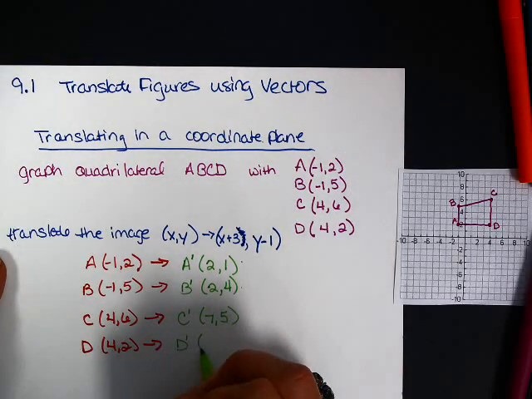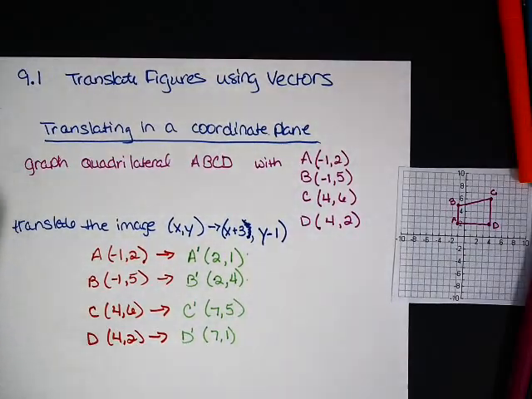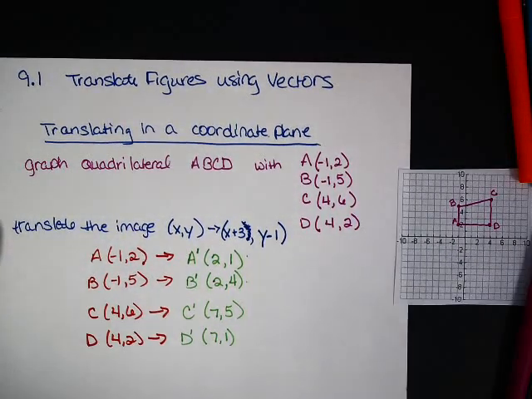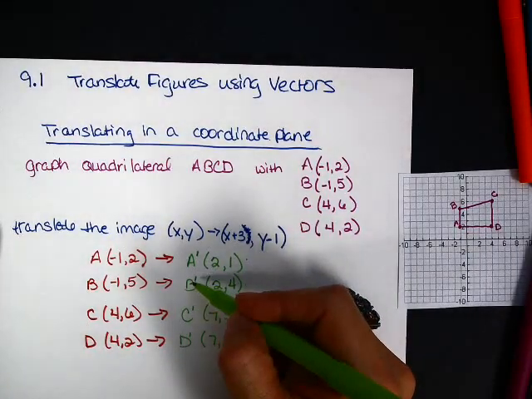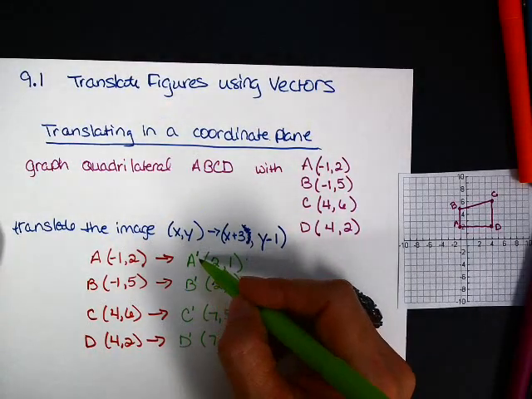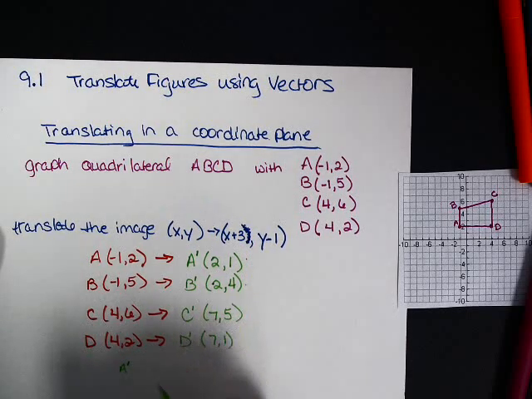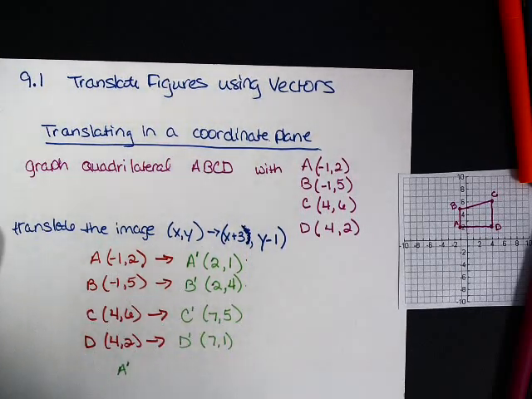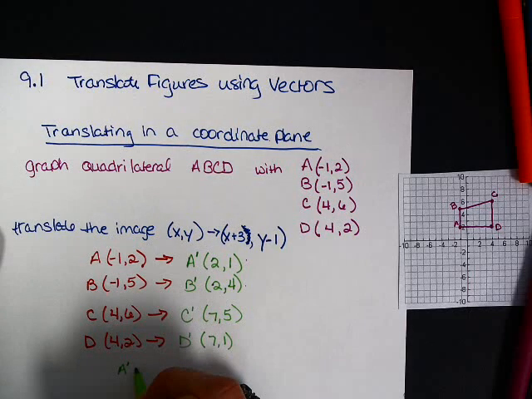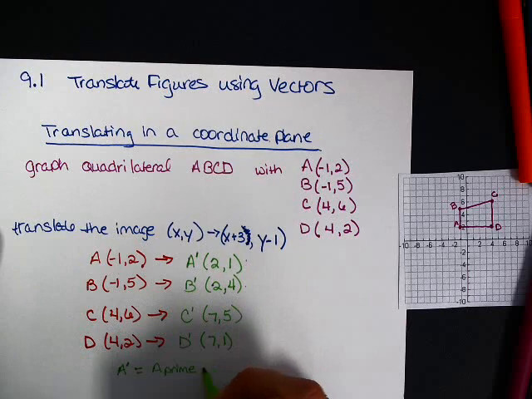So D prime is going to be located at (7, 1). Okay, now this little marking here stands for prime. So I want you to make a little note that A with that little marking, it's not an exponent, it means A prime. And that is your new image.